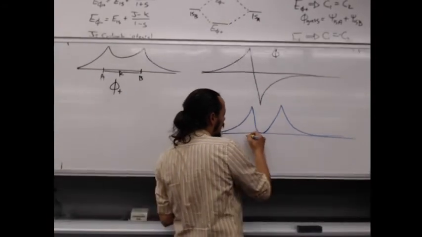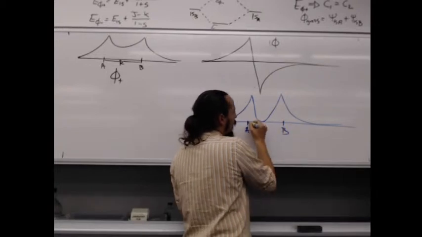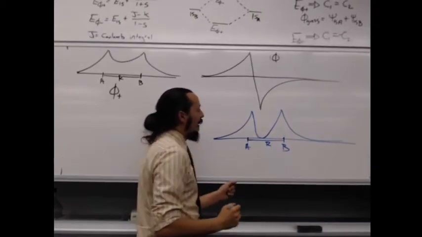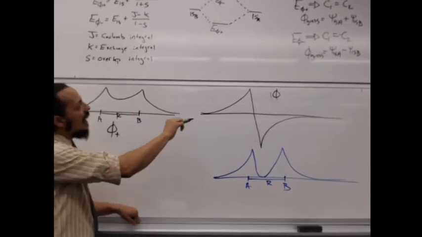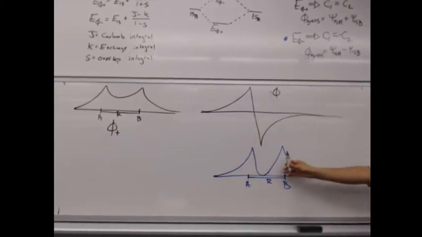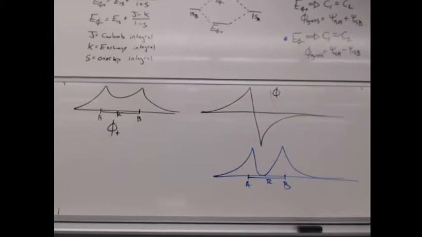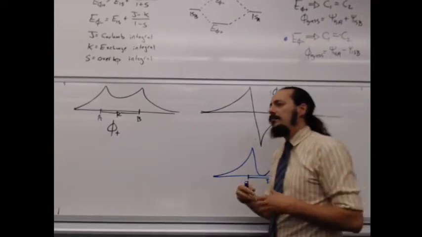Again, this is still nucleus A, this is still nucleus B. There's still a distance r apart from each other. But in this other energy case, this phi minus case, there's no probability of the electron. This plot says there's no electron there. That's part of how you could rationalize that this is going to have this higher energy. There's going to be some more repulsion there between the two.